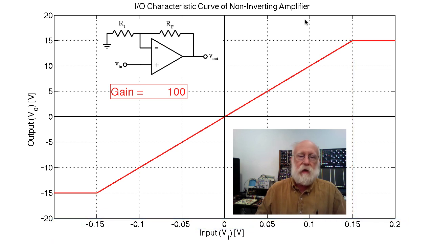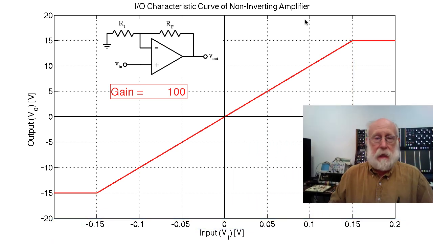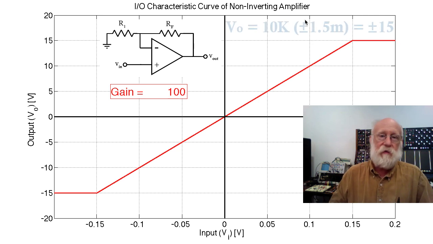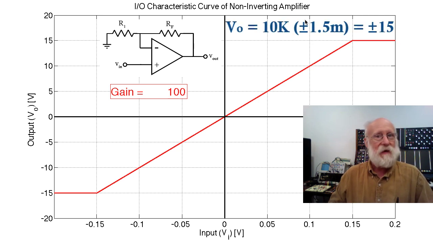And again, if we increase the gain, that linear region between the two extremes, plus and minus 0.15 volts, is going to narrow and get closer and closer and closer. And eventually, it's going to get down to 1.5 millivolts, because 1.5 millivolts times 10,000 is 15.